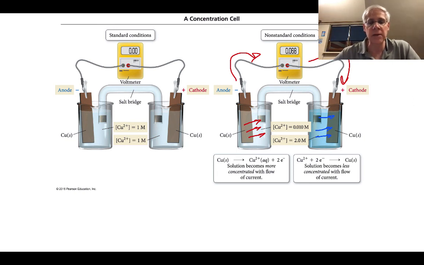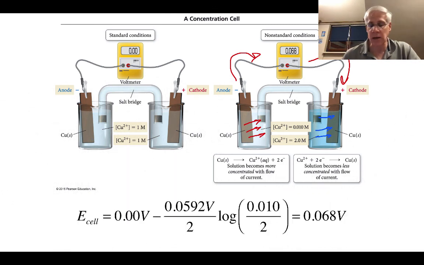Now, how did we get that 0.068 volts? Well, we just apply our Nernst equation. Now, for a concentration cell, my E0 cell is 0 because that's the voltage under standard conditions. And so we have that that's 0 minus, and here we use the common log form, so 0.0592 over 2 log of 0.01 over 2.